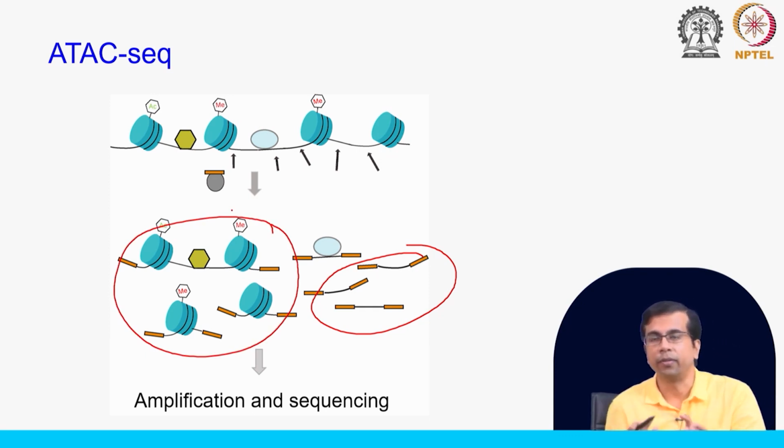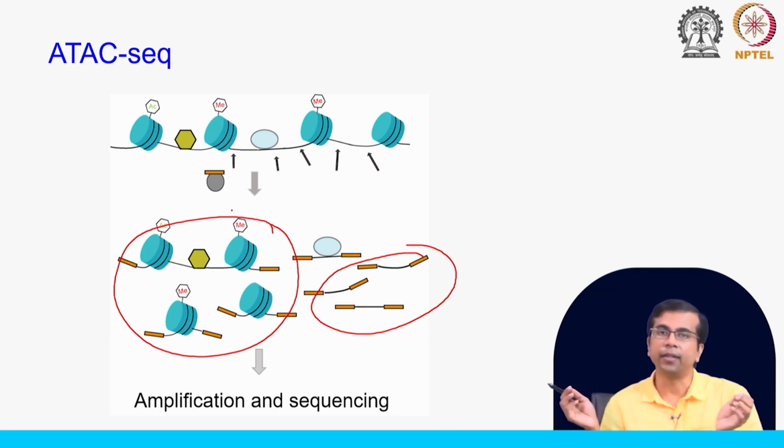So, we can now imagine, if you have genomic regions that are really dense, the closed regions with a lot of nucleosomes, there this enzyme will not have access or very rare access, and these integrations will happen at longer distances, which will not be amplified by PCR, or you can discard those fragments by site selection.